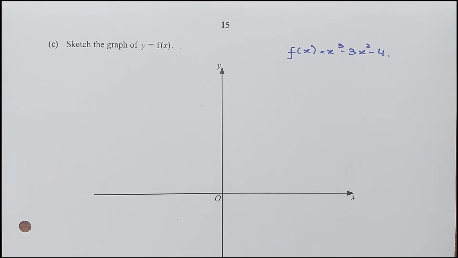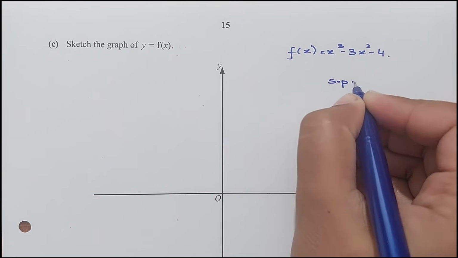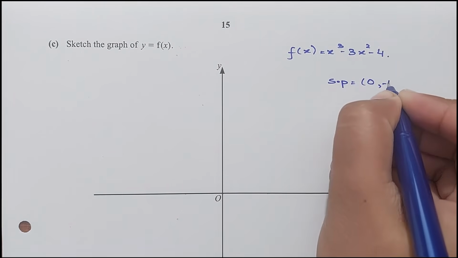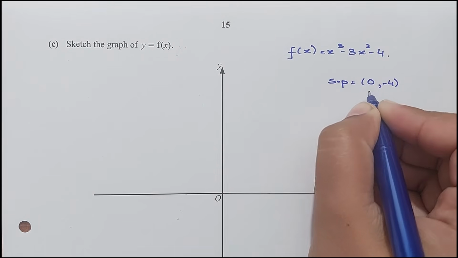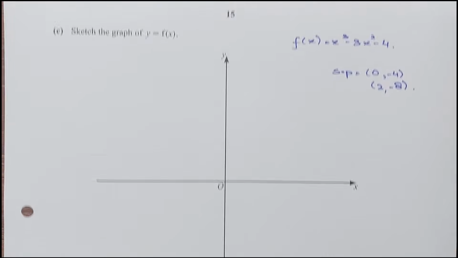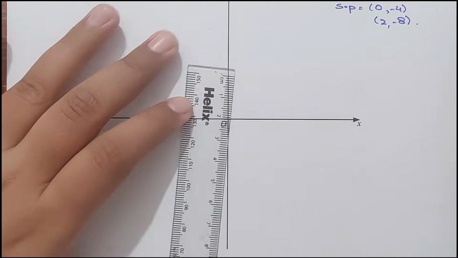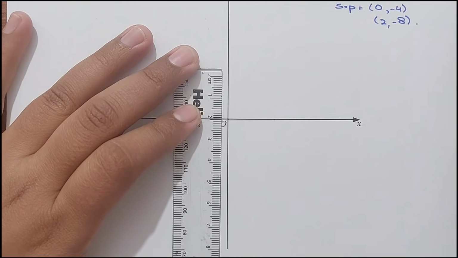And we are given the turning points. We already got the turning points, or the stationary points, which are (0, negative 4) and (2, negative 8). Okay, so let me plot these points. X is 0 and y is negative 4, and negative 8 downward.